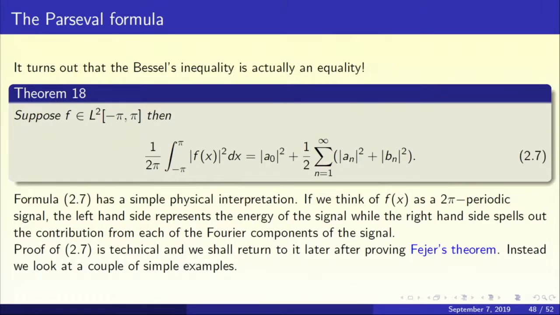We should think of our function f(x) as a 2π periodic signal, and the integral on the left hand side, 1/(2π) ∫ from −π to π of |f(x)|² dx, is the average energy of the signal. So what the equation says is that to compute the energy of the signal, we simply have to look at the contributions from the Fourier coefficients.